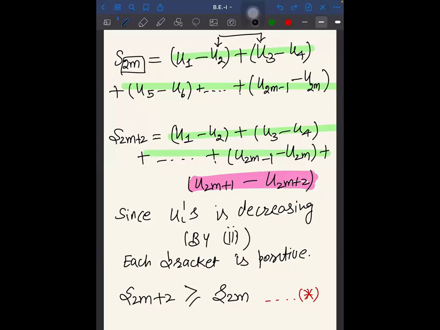Okay. So but anything you want to ask? Yes, how does this prove that S_{2m} is increasing? Because S_{2m} should be decreasing as u_1 is the upper bound. No, no. See, if something is increasing, you have a bound from above, that actually guarantees it will cluster somewhere, right?